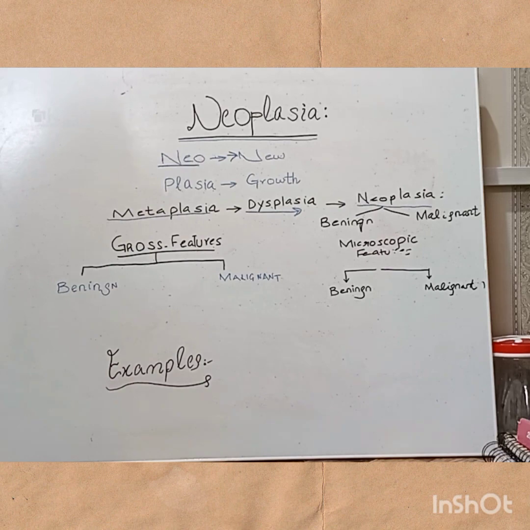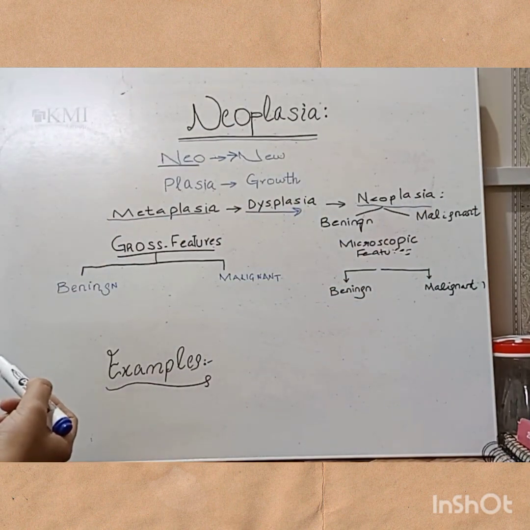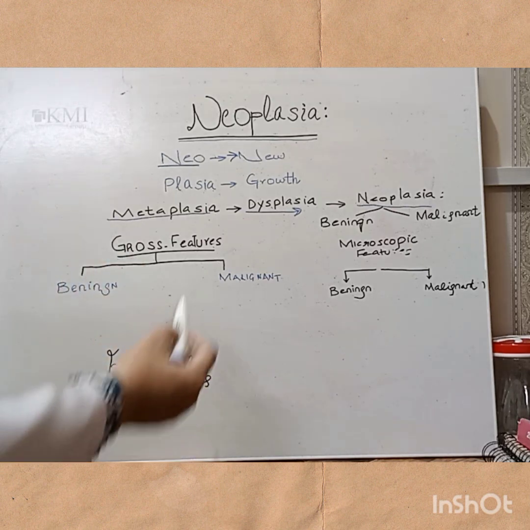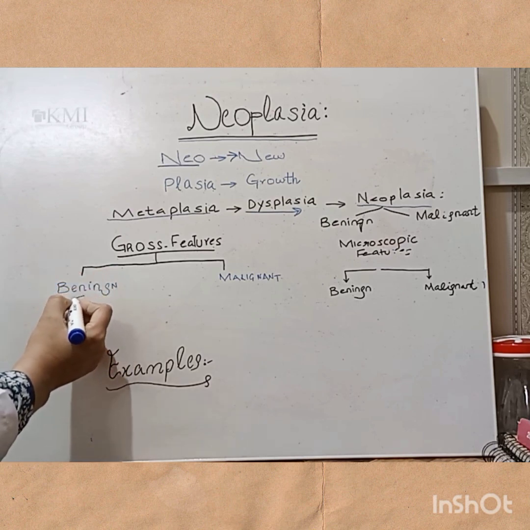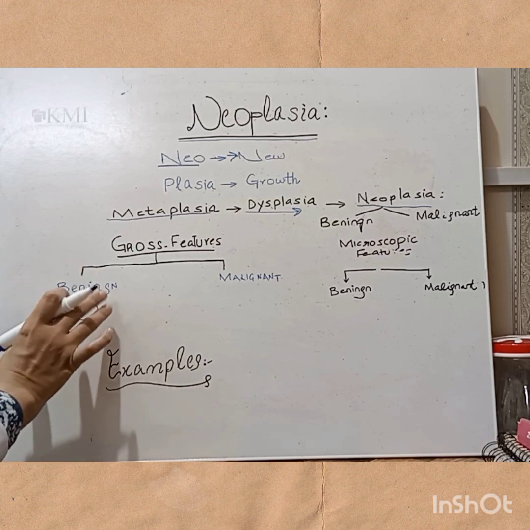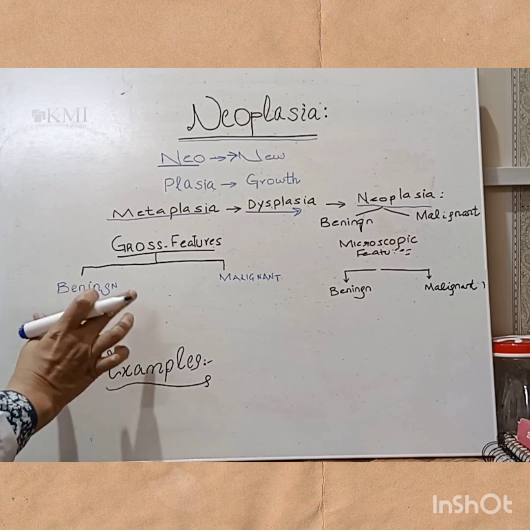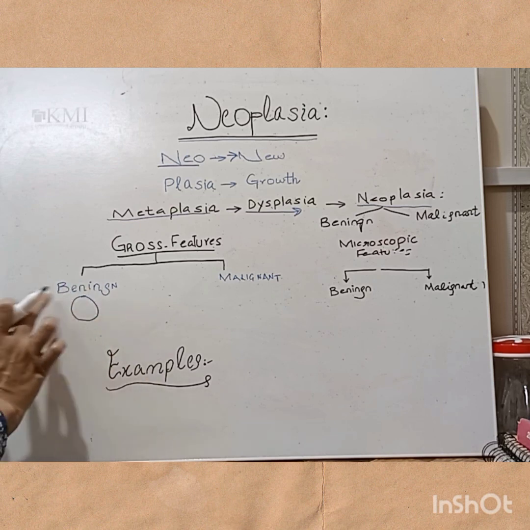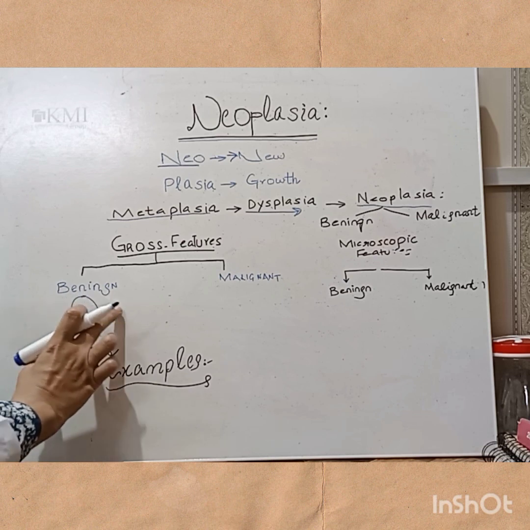Now this neoplasm is basically a new growth, and this new growth can either be benign or malignant depending upon the features. Now talking about the gross features of the benign and malignant lesions. The benign lesions are usually well circumscribed, they are well encapsulated, their membrane is intact, and the cell morphology and microscopy resemble the normal, and also they do not have the ability to metastasize.